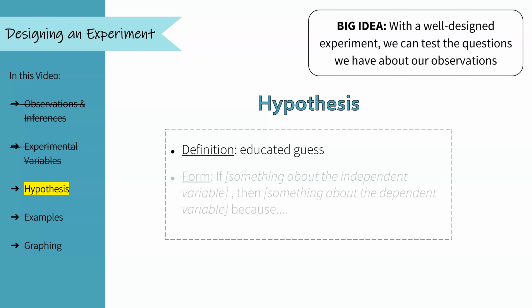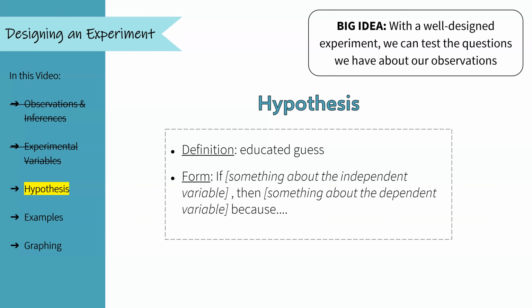In this class, we'll write hypotheses with an if, then, because format. So if, then something about our independent variable, then something about our dependent variable, because, something that you've probably learned in your research. Why you think that if-then or cause and effect relationship will be true.